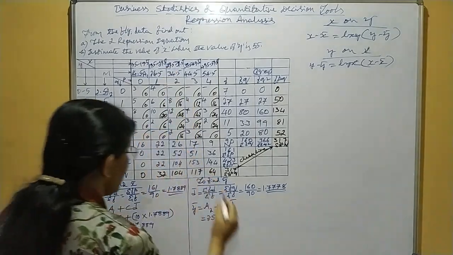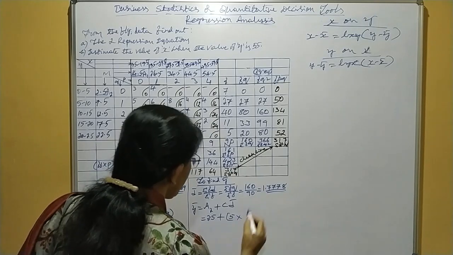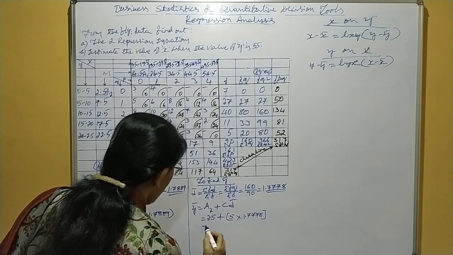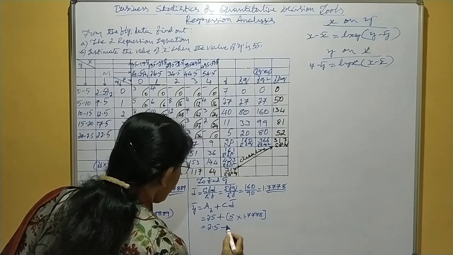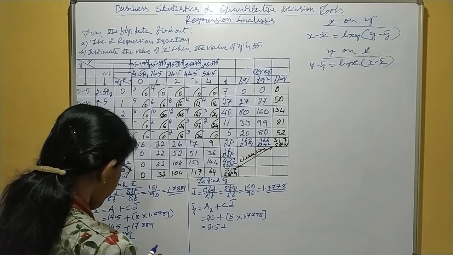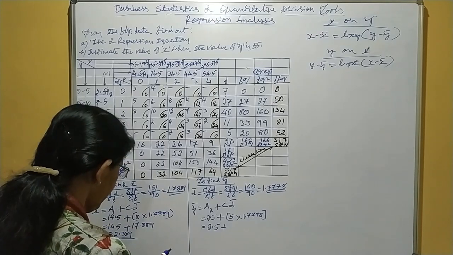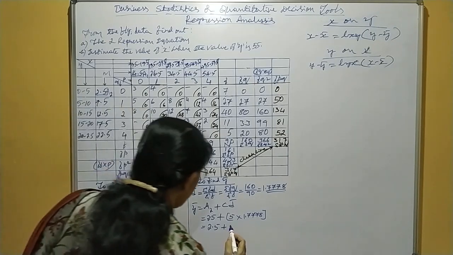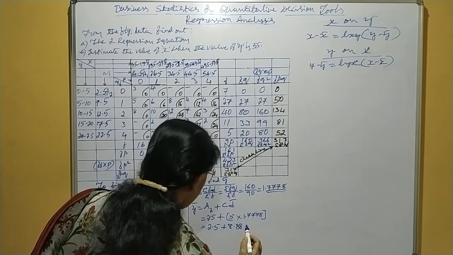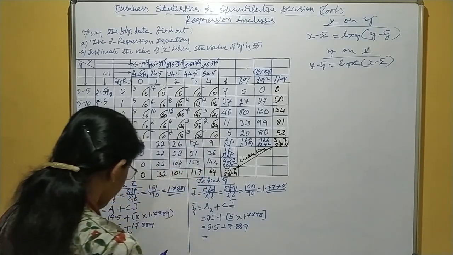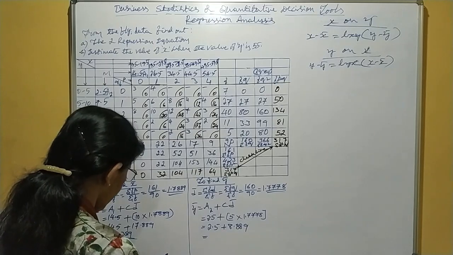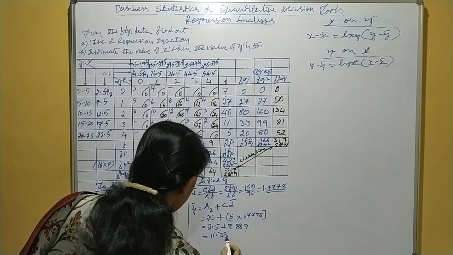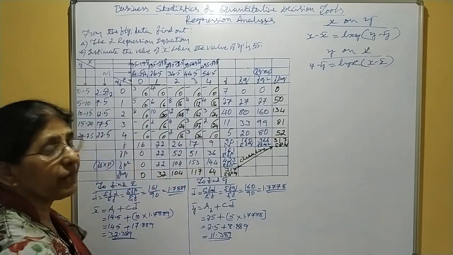Here it is 10, in this case it is 5. 5 into d bar is 1.778. Now 2.5 plus 5 into 1.778, it comes to 8.889, equals 11.389, that is y bar.